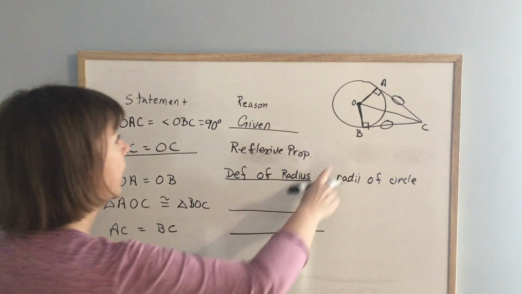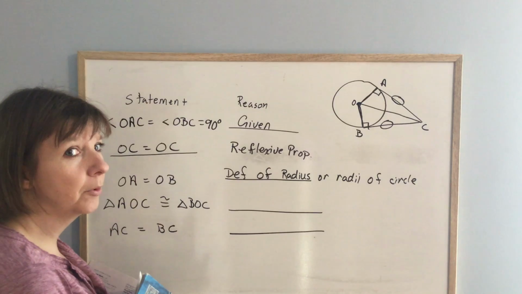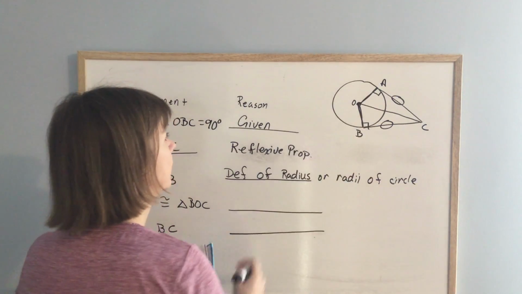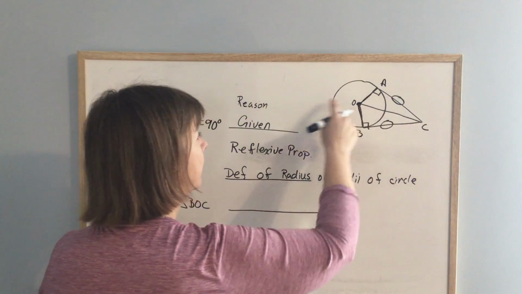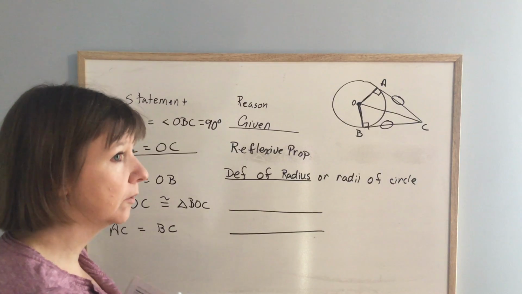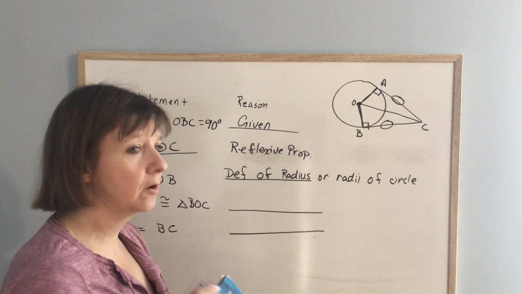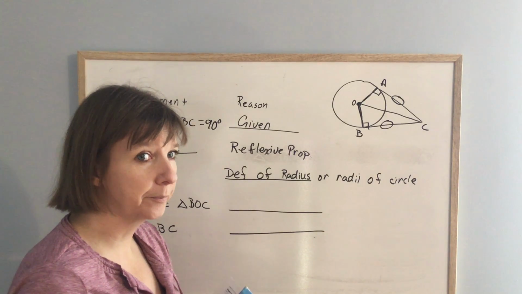Well, what did I prove? I proved that this is a 90-degree angle, meaning those are both right angle triangles. I proved this side is equal to this side, and I proved that the hypotenuse in each one are equal. Back a few pages, there was what was called the hypotenuse side congruency theorem.